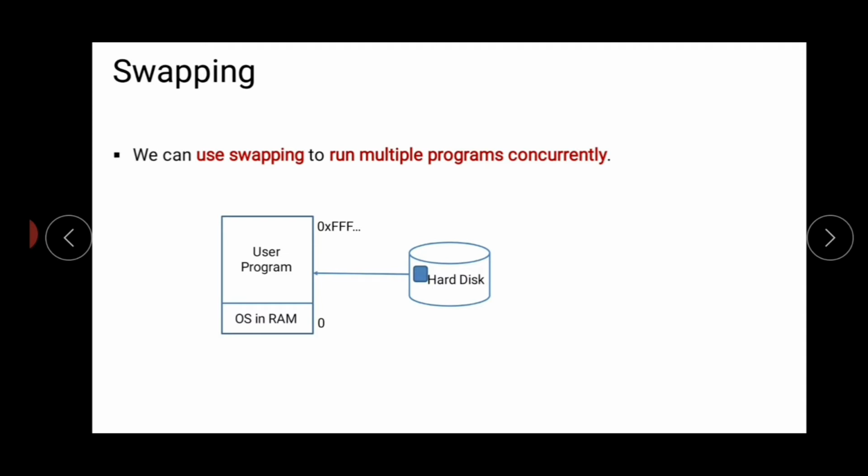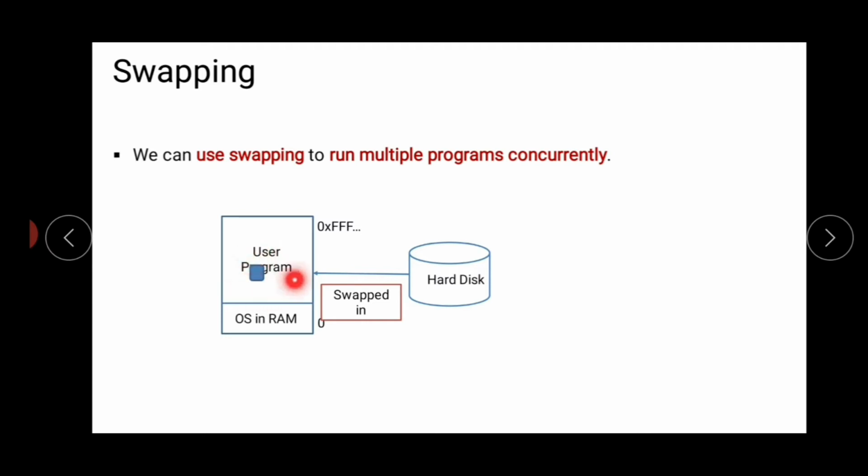Once you are running your program, it will be loaded from your secondary memory to primary memory, meaning from your hard disk to your RAM. This operation is called swap in.